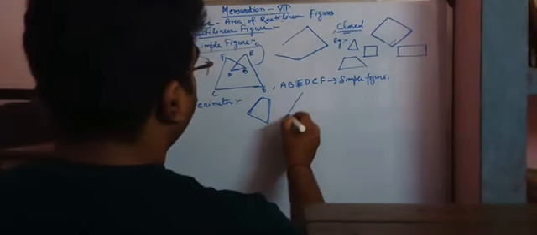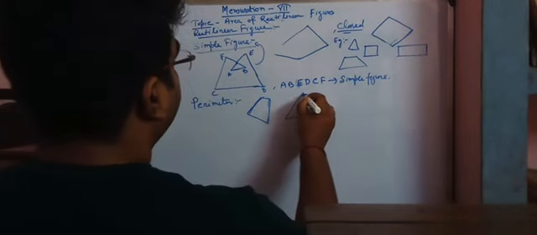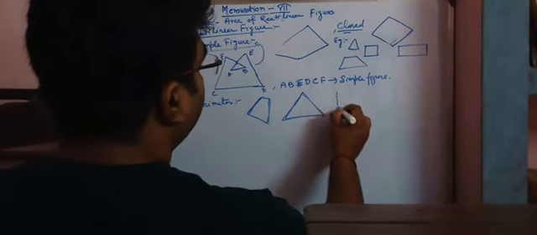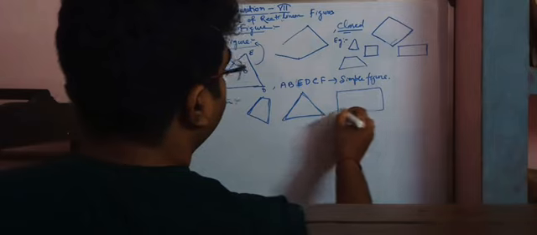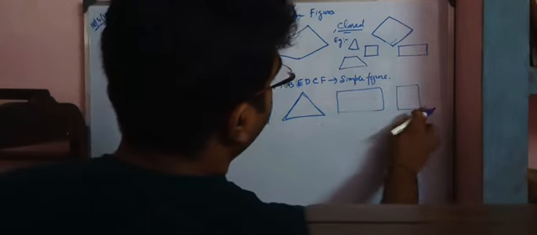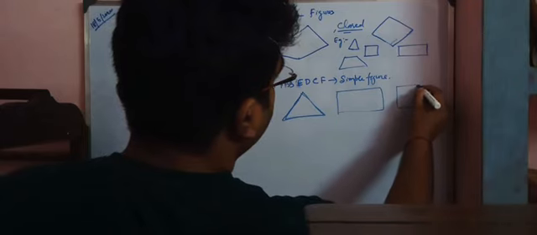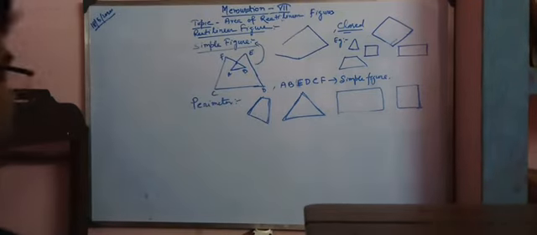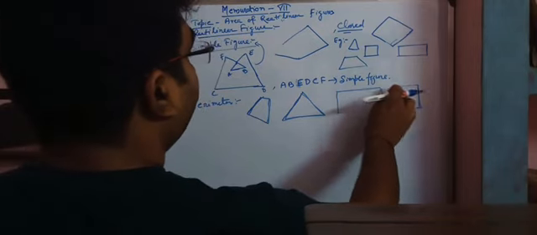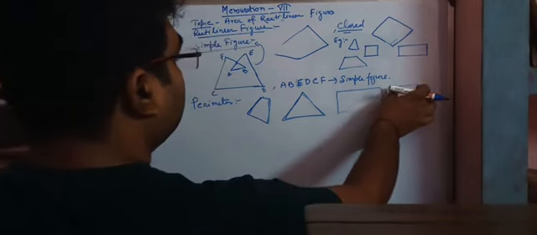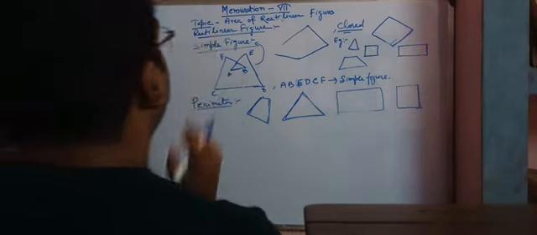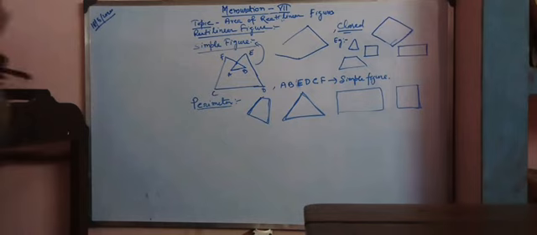For a rectangle, this is the perimeter, and for a square, this is the perimeter. If we add all the sides, the total length we get is called the perimeter of that rectilinear figure.